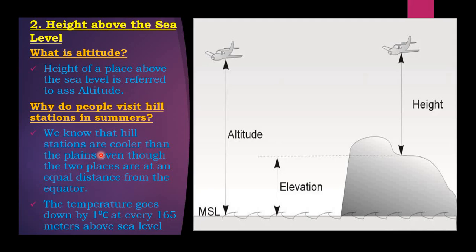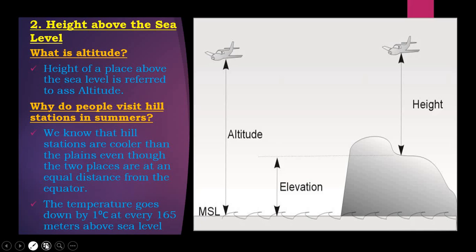The temperature goes down by 1 degree Celsius at every 165 meters above sea level. So, we know that hill stations are cooler than the plains, even though the two places are at an equal distance from the equator.